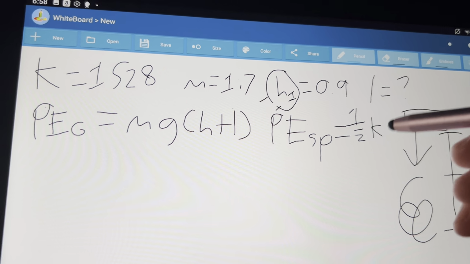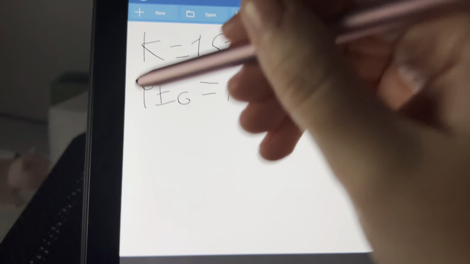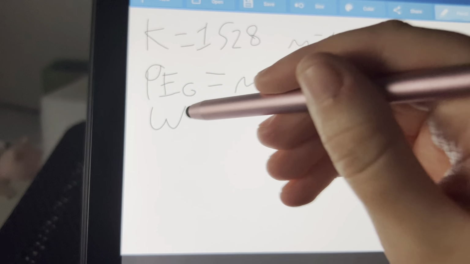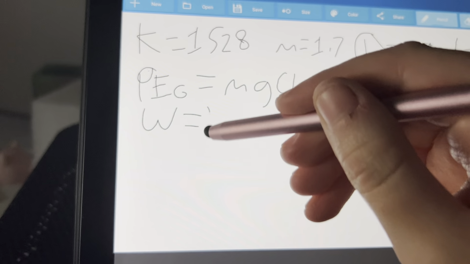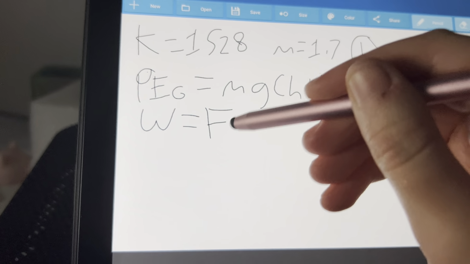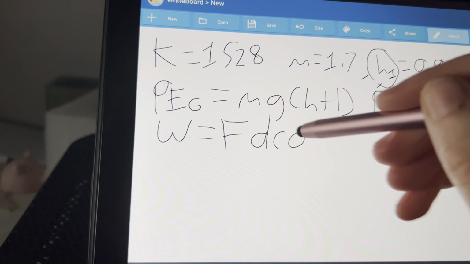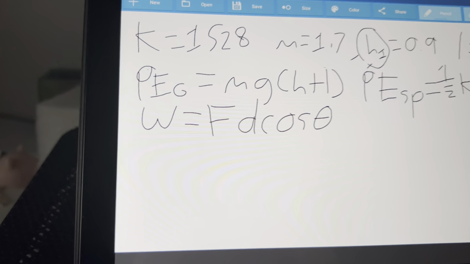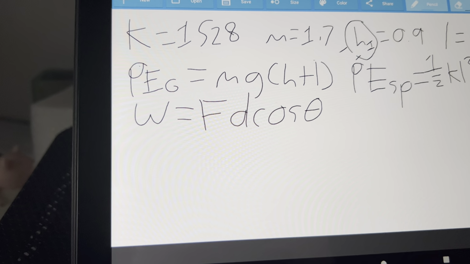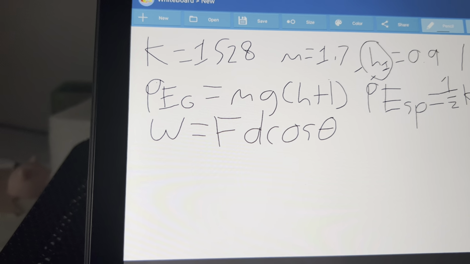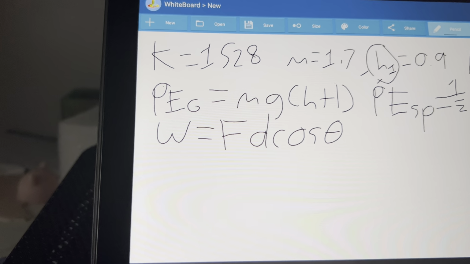Anyhow, so we have these two equations, but we also have a bunch of work equations. So these work equations include work is equal to F, the force, times the distance, times cosine of theta. Now in this case, cosine of theta does not matter because we actually have a 0-degree angle.